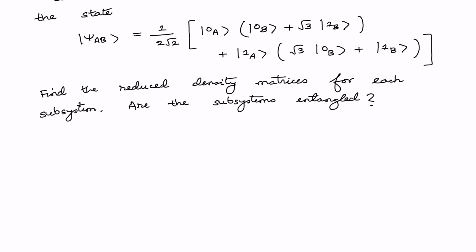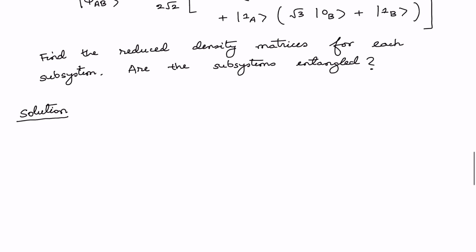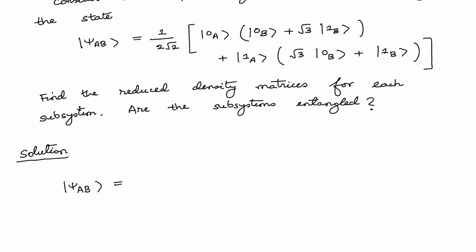We can work it out in a similar way, and to do that, first of all, again let us find the density matrix of the full system, that means the composite system density matrix. First of all, let me write down the state of the composite system in a little bit simpler form. Here it is what is given, so let me write it as 1/2 root 2, and if I multiply this with this bracketed term, I will get |00> plus root 3 |01>.